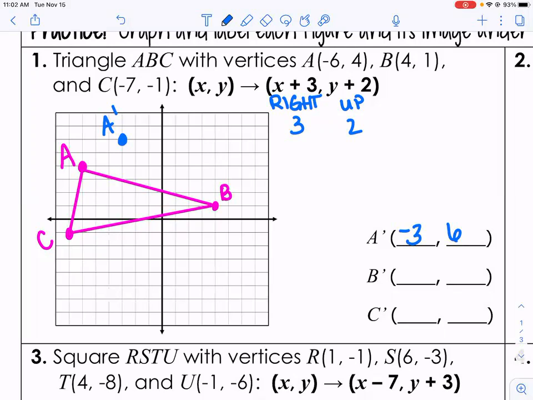Okay, now let's go to coordinate B. Coordinate B, we need to go right 3 and up 2. So I'm literally going to go right 3 and up 2. And I'm going to name it B prime. B, what'd you call it?